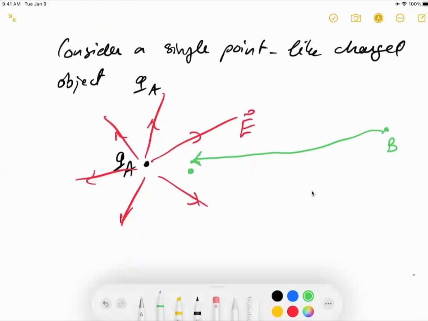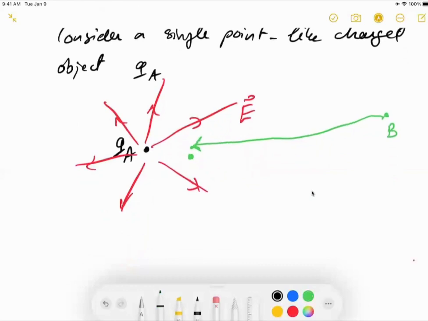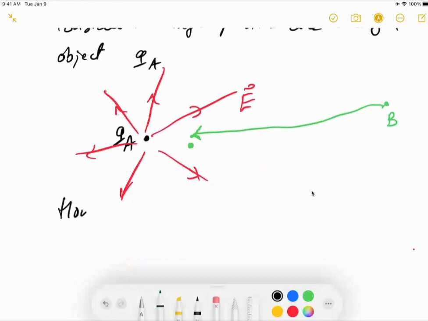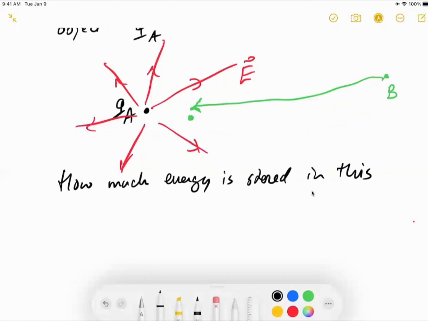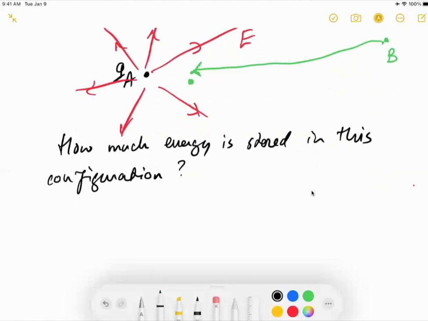Then I can ask myself, okay, how much energy is stored in this configuration?